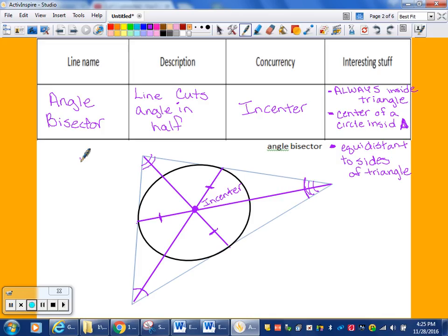When you do that, you have a common point where they all intersect, and that's called your incenter. Your incenter will always be inside of the triangle, in the interior of the triangle. It's also the center of a circle inside the triangle. And the incenter is also equidistant to the sides of a triangle.